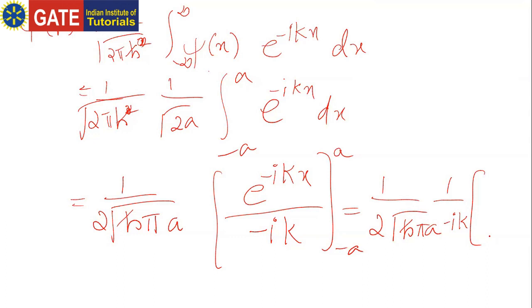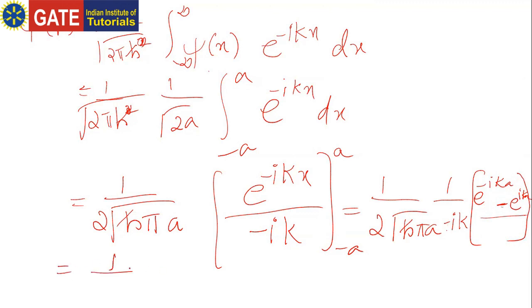Here you will get e power minus ika minus e power ika for the upper limit and lower limit. Minus minus cancelled.